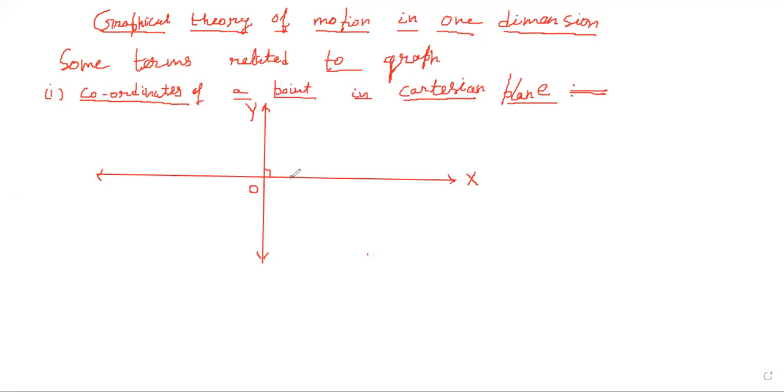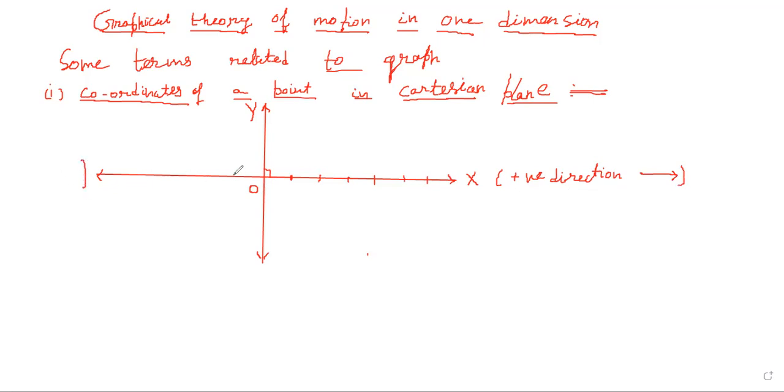Now if we move through one unit along the right hand side of this x-axis, which is its positive direction, this is the positive direction of the x-axis.